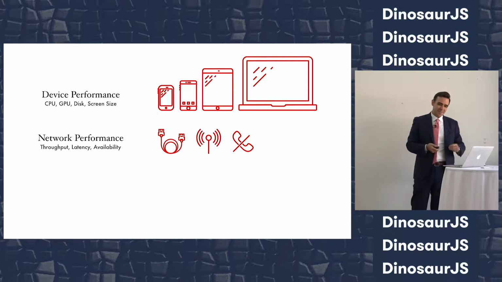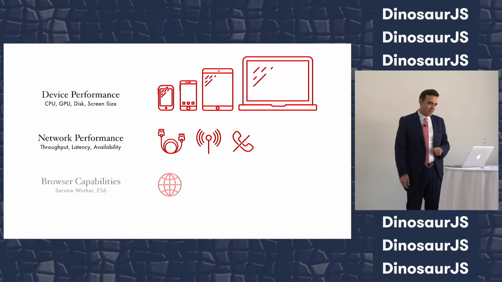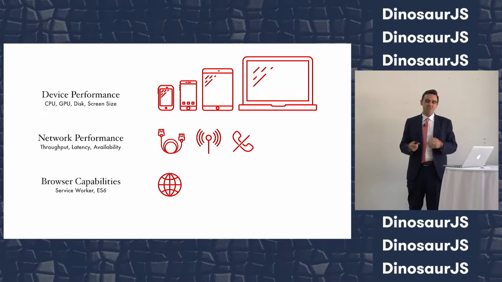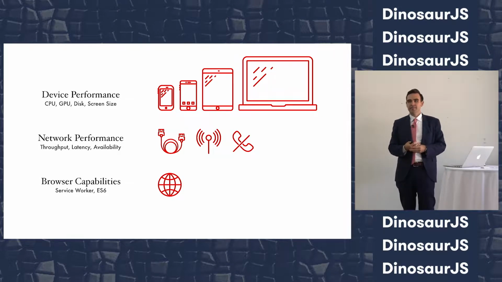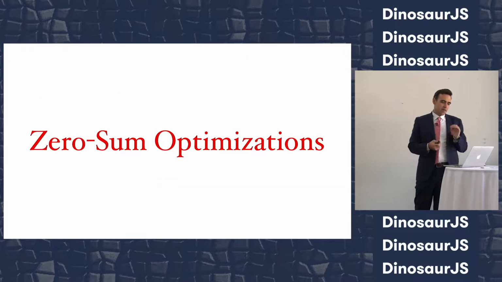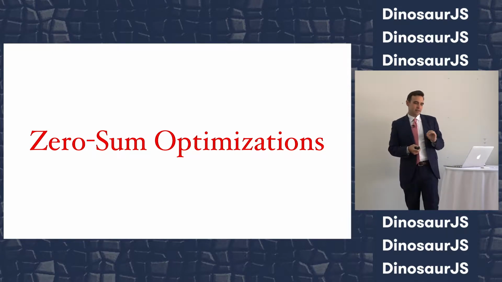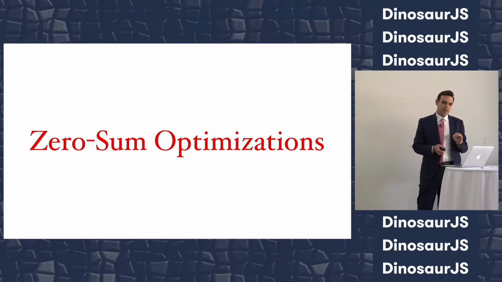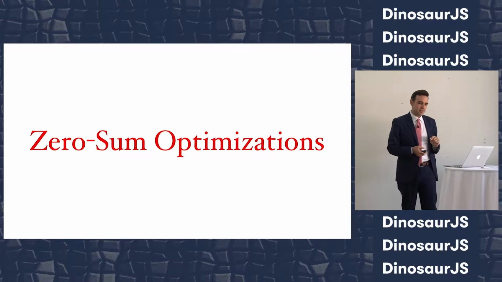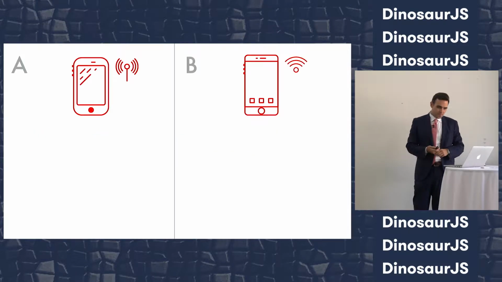Just ride the subway in New York. And of course, there's the fact that each device has a different browser with widely varying capabilities. And without careful design, it's really easy to optimize for one particular combination of these things at the expense of another. So let me give you an example of what I mean.